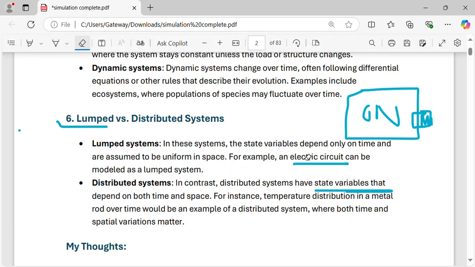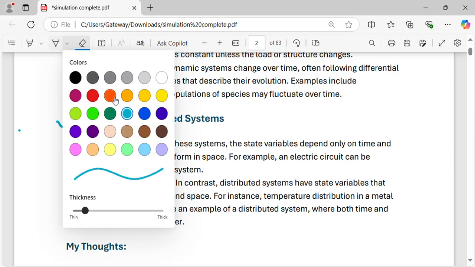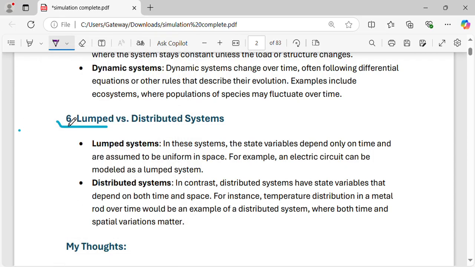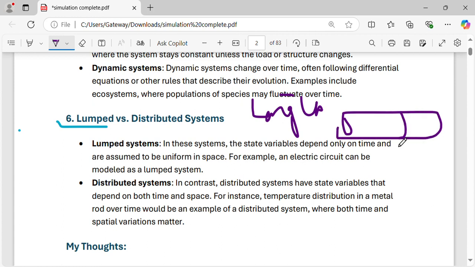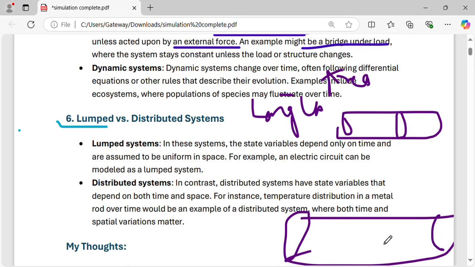So I think the best way to understand this is to recall what you studied in physics. When we studied a rod and its cross-sectional area, there was some law that if you have a big cross-sectional area, then maybe the length is also bigger, and if you have a small cross-sectional area, the length is also small.